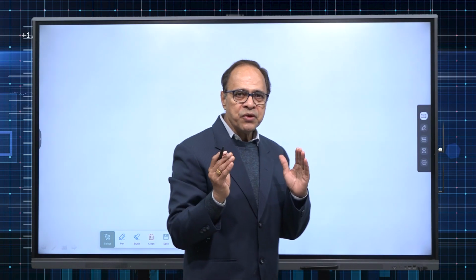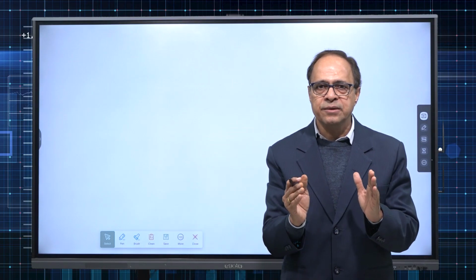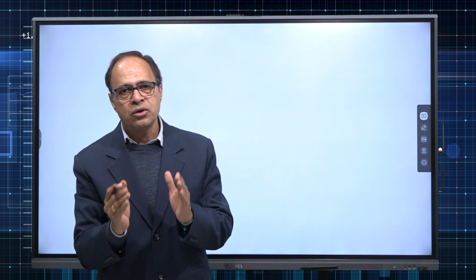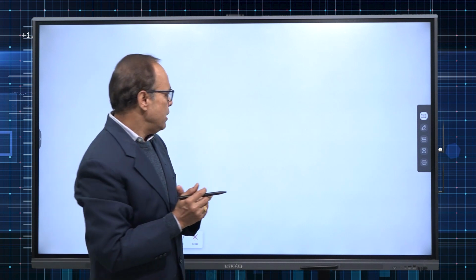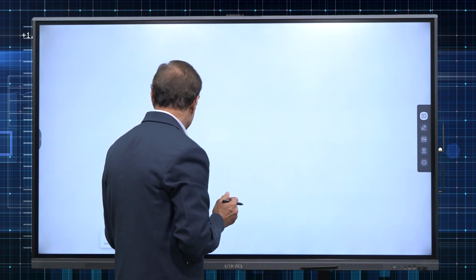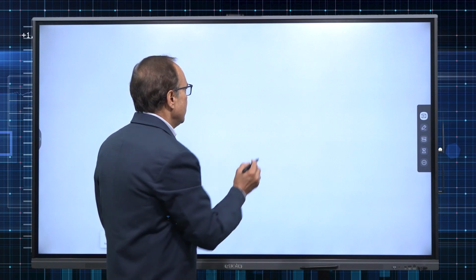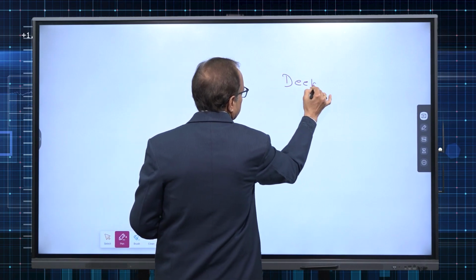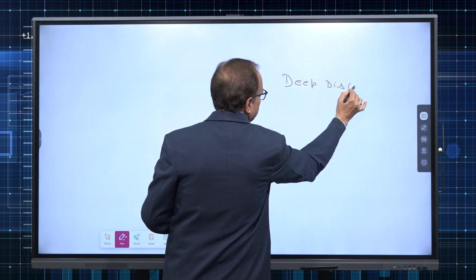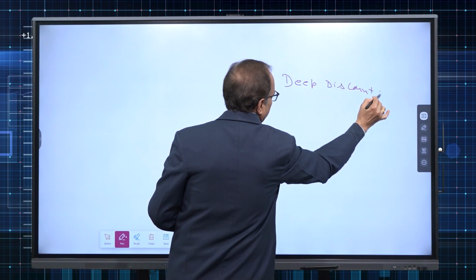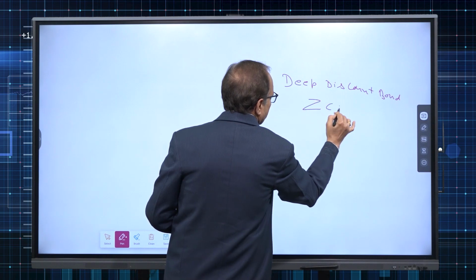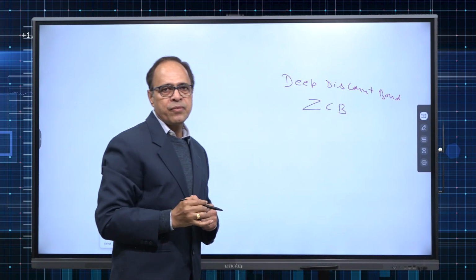Now, we have covered redeemable debenture, redeemable preference shares, non-redeemable debenture, non-redeemable preference shares. Lastly, I will cover one small concept, that is, how about deep discount bond, or zero coupon bond, ZCB.